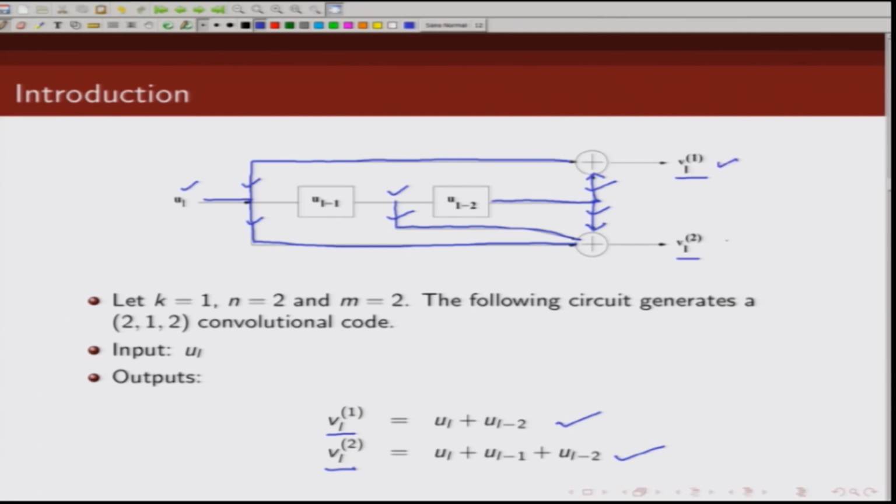These coded bits were generated by various combinations of the input, and whether a particular bit appears in the output is governed by these interconnections, whether there is a line connecting this part to the output or not. That determines whether that particular bit is participating in the output bit.